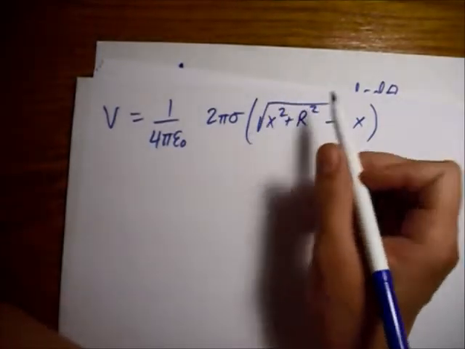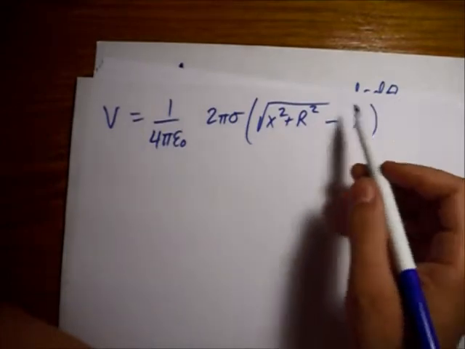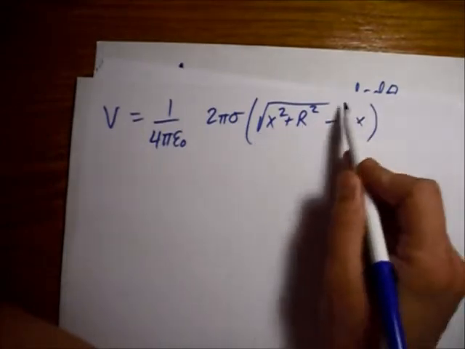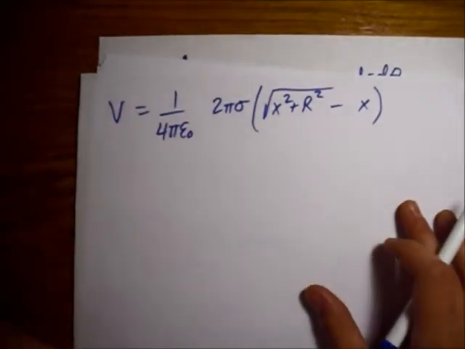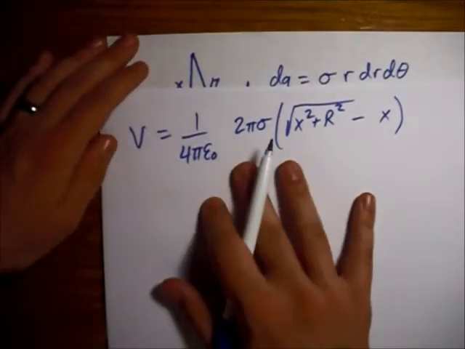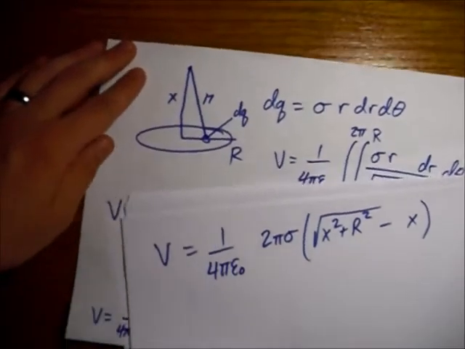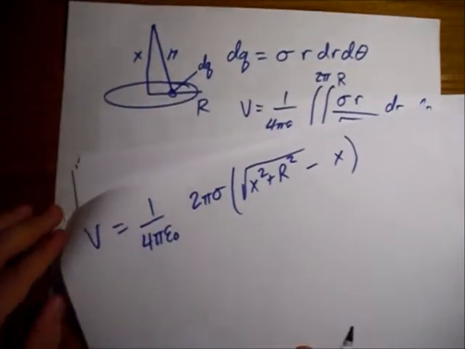You have to use a Taylor expansion, or we did the binomial expansion to get the same thing, right? And you'll see that this reduces down to the potential due to a point charge at distances far from the disk. At any rate, this is the potential caused by this disk of uniform charge.